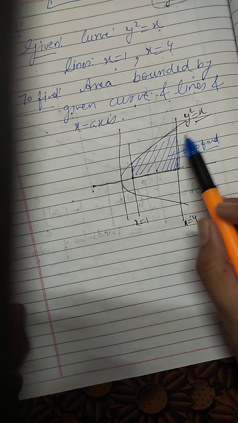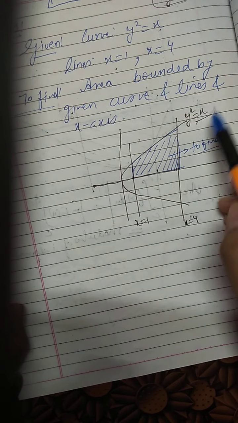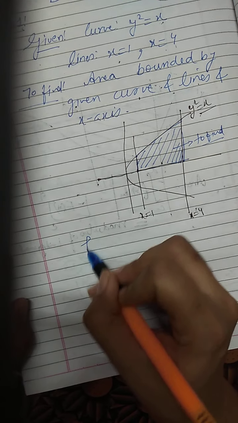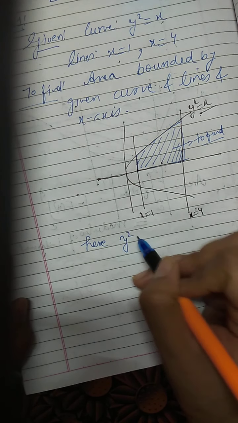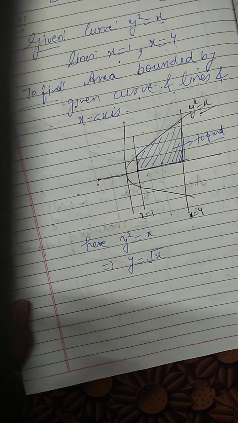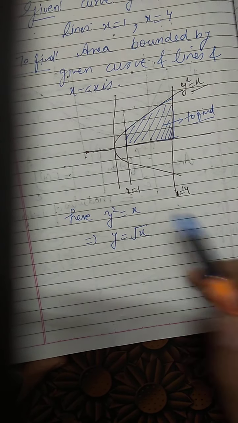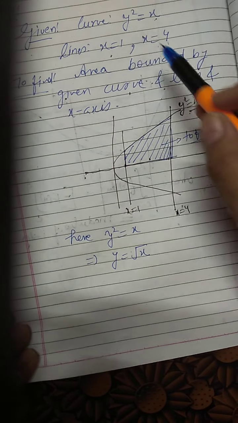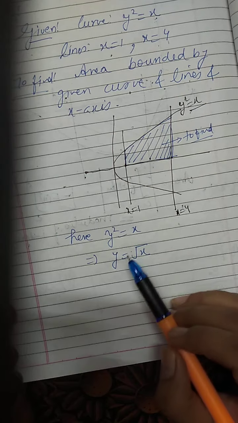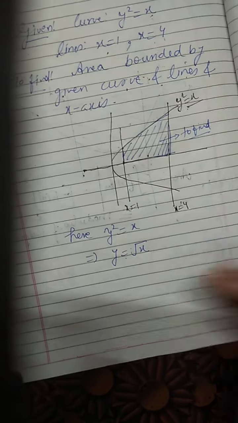The curve is given as y square equals x. So y will be equal to root x. This is our function, which we get from the given curve. Y square equals x means the value of y will be root x. What will be the limits?